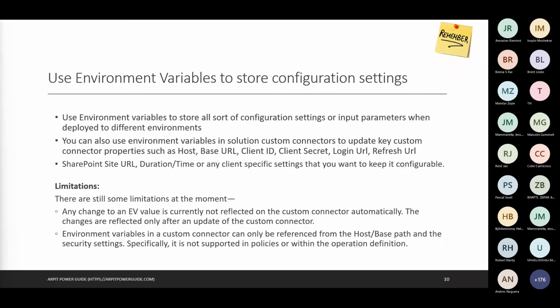But sometimes, if you are deploying using Azure DevOps or a CI/CD pipeline, your environment variables don't get reflected in your target instance, so you have to go to that custom connector and manually hit the update command. These limitations are not long-run limitations; Microsoft probably has them in mind and will fix them in the next release. But when you are designing now, you have to keep these things in mind.